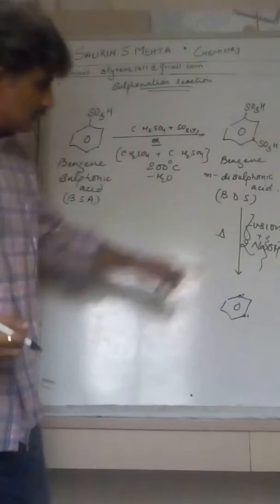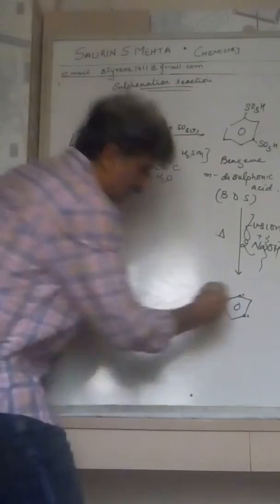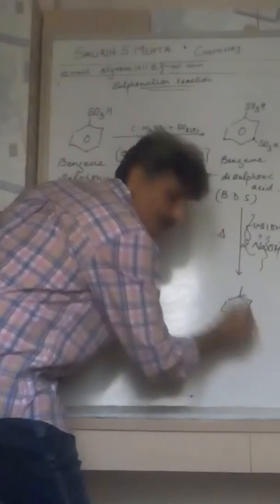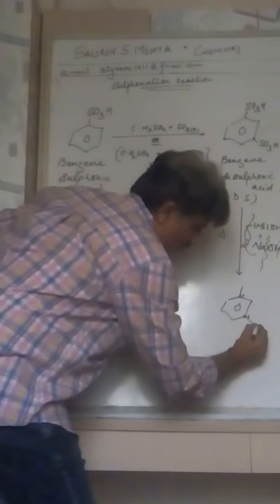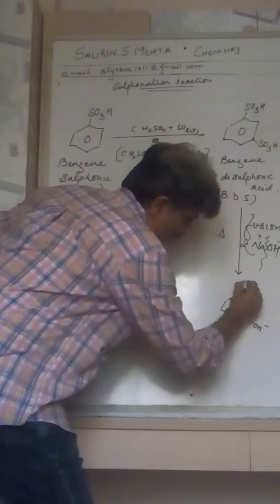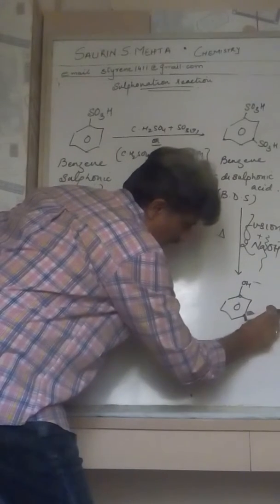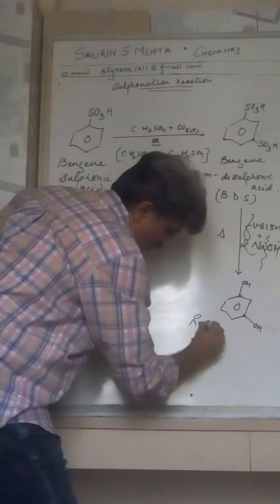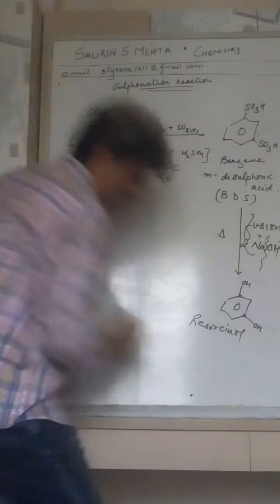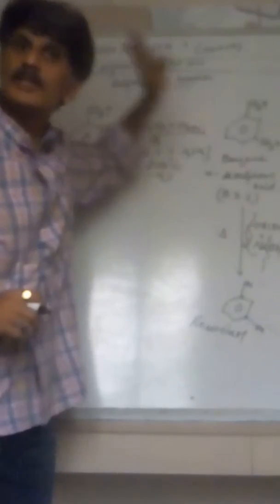And as a result, the 2 OH minus groups with their minus sign attack the carbon from which the SO3H has left, and those 2 OH minuses combine with the plus sign of carbon, and as a result the compound formed is known as resorcinol. Resorcinol. So 2 OH groups have substituted 2 SO3H groups.